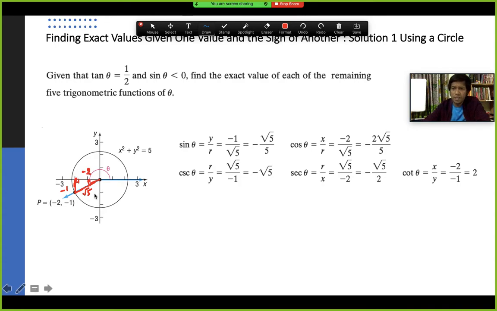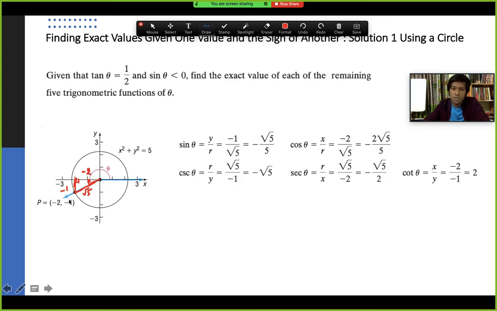Now you can actually ask me one question: sir, on the other page, when you did the calculation, the value was plus or minus root 5, but you are just writing plus root 5 here. Why is that so? The reason is there are 2 ways to understand it. One way is you can look at this quadrant. In this quadrant, you see there is a minus here and a minus here.